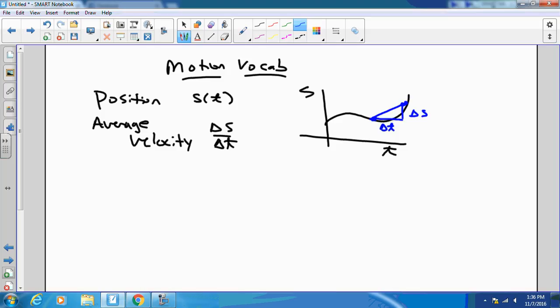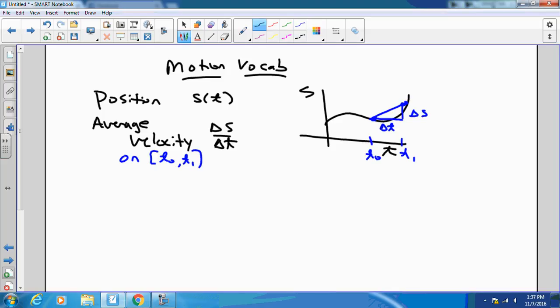It is the slope of a secant line that connects these 2 points. So the full name of the average velocity is the average velocity on the interval t0 to t1. Just like that. Okay?